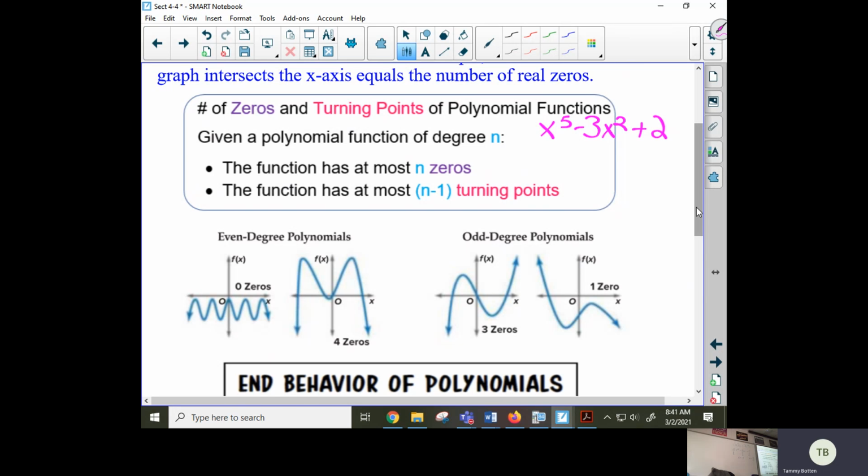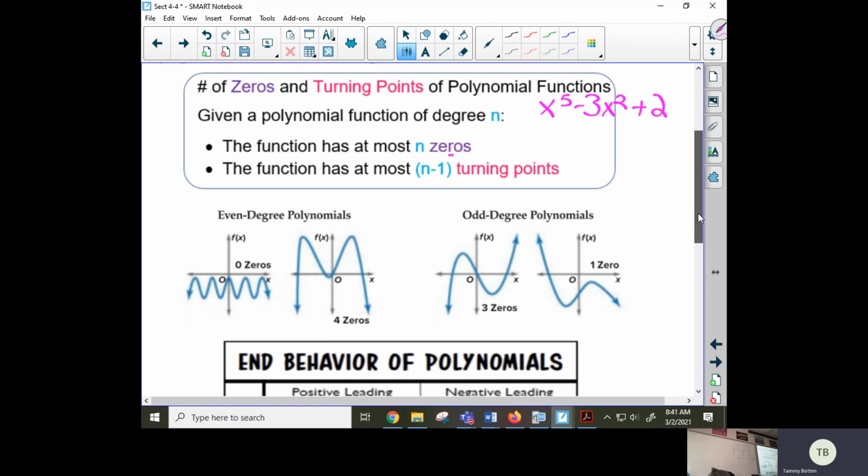But it doesn't have to have that many because some of the times your graph is going to turn, and some of the times when it turns, it won't touch the x-axis. And so not all the time does it touch there, so those aren't zeros. But if it's 5th, that's the most zeros you could have.